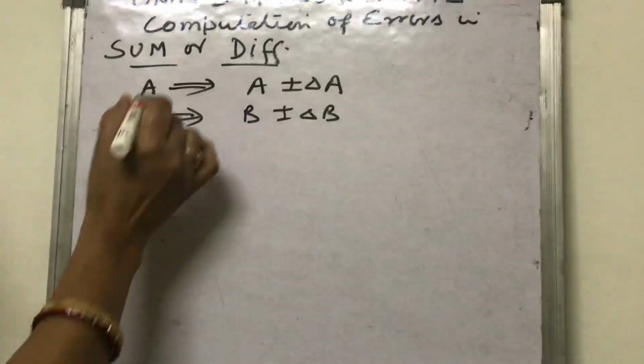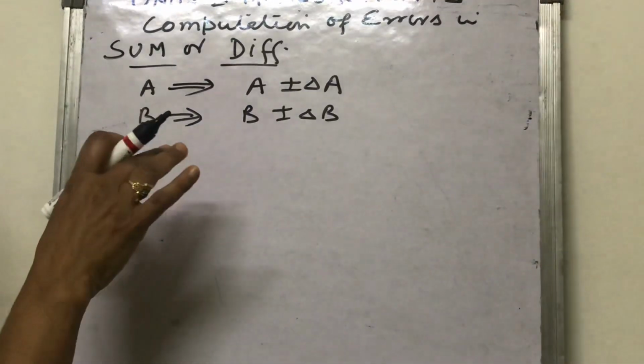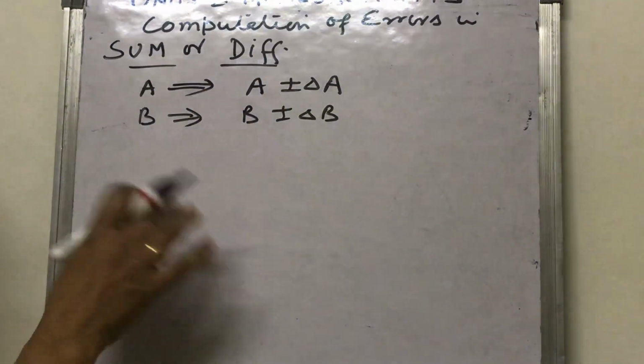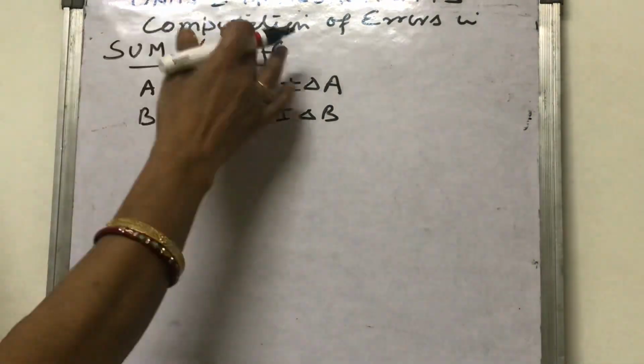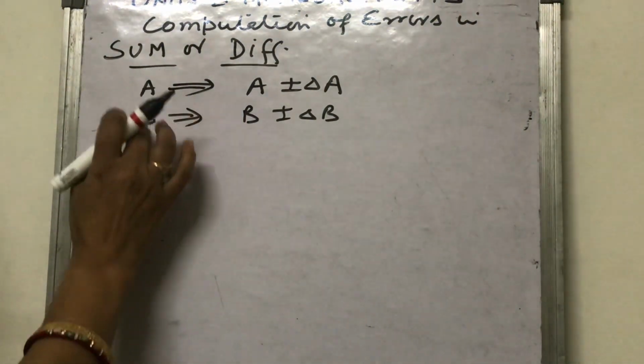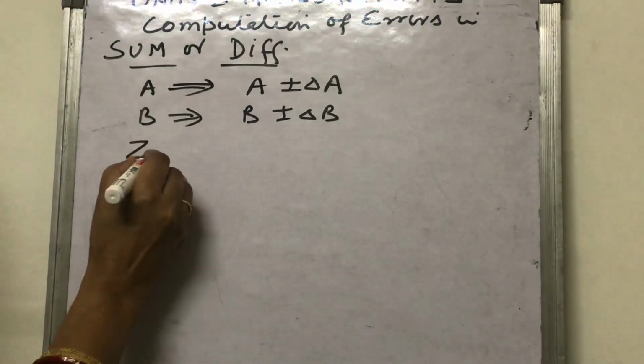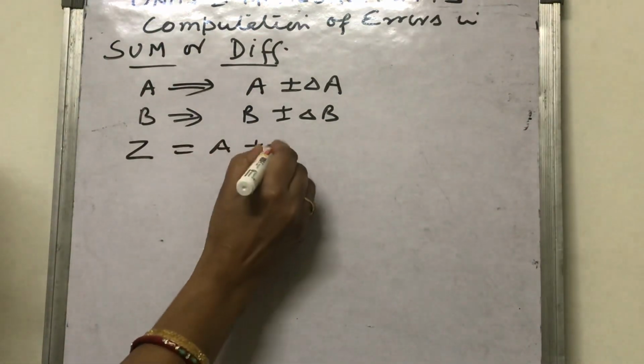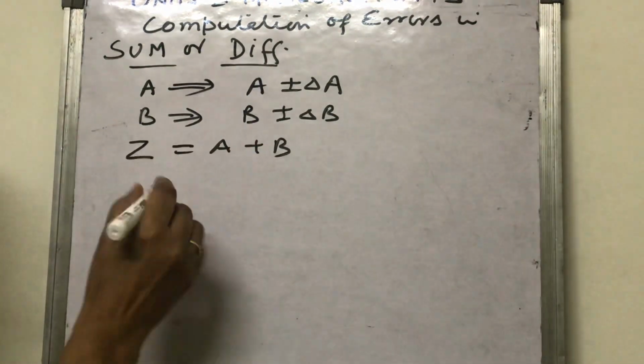Now in the sum or difference, the same rule occurs. Suppose we take the example of the sum, how to compute the error in the sum of these two measured quantities. Its sum is Z, then you write Z equal to A plus B. Along with errors, how will you write?